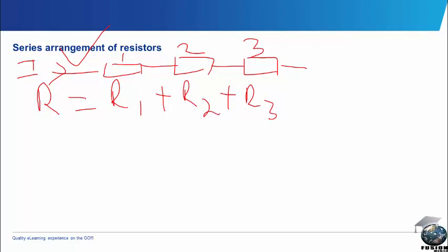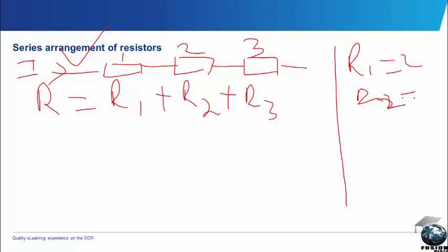This is series arrangement. Example, if R1 is equal to 2, R2 is equal to 1, and maybe R3 is equal to 1, and I'm asked to calculate the net resistance or the equivalent resistance or the total resistance, all mean the same.